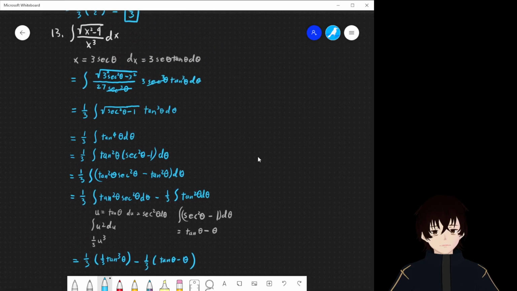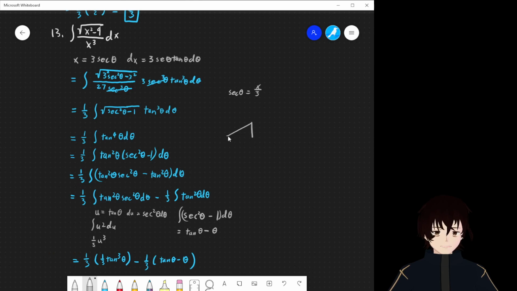No. Secant theta is equal to x over 3. Secant is 1 over cosine.